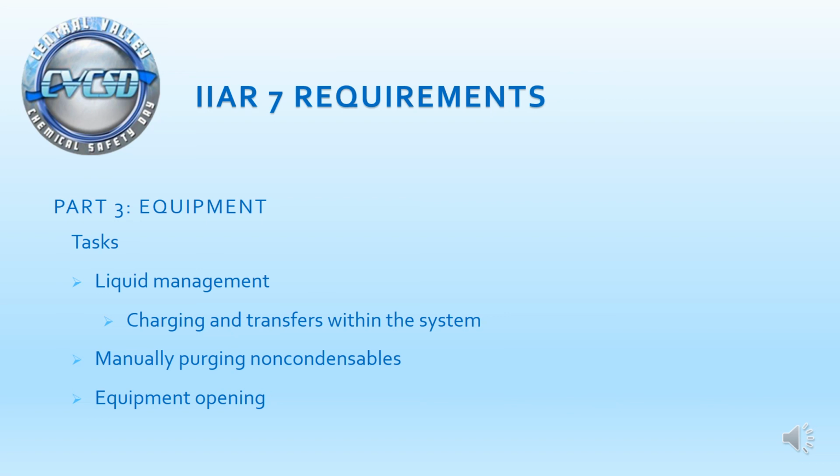Also, a task is manually purging non-condensables. And then for equipment opening or line breaking procedures. So if that wasn't covered in any of the other temporary operating procedures, it's something that's specifically called out as a task for opening equipment or for opening piping.